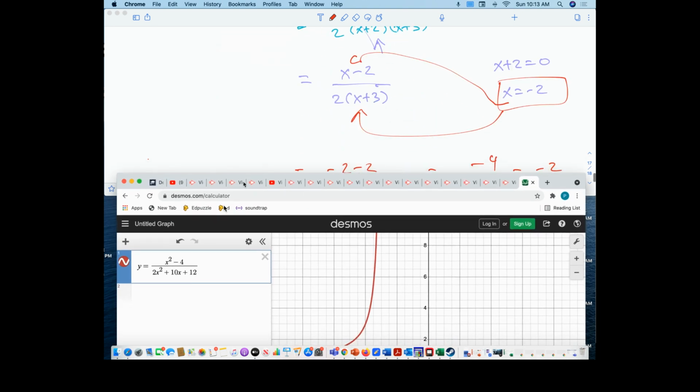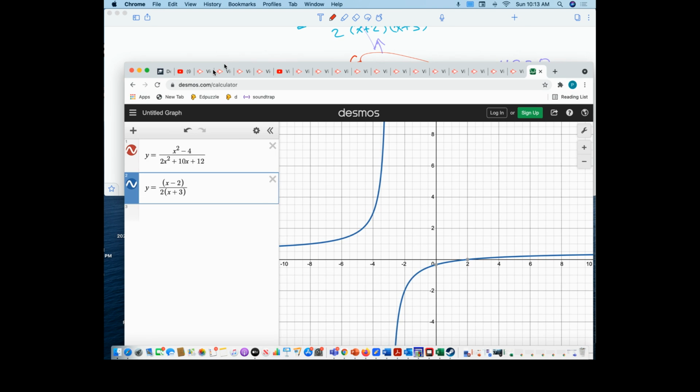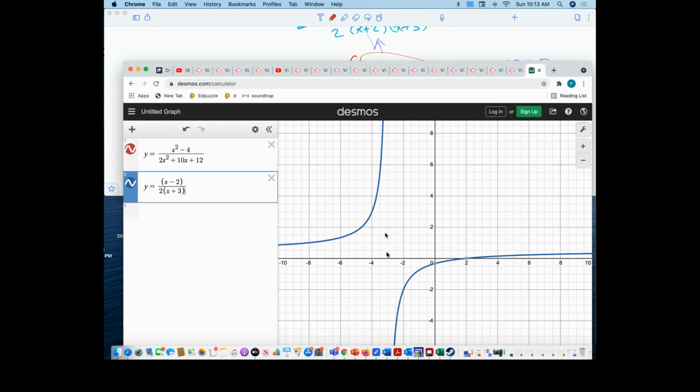And when we simplify it, we get this one here, which is y equals x minus 2, I put parentheses around it because I didn't hit division initially, over 2 times x plus 3.